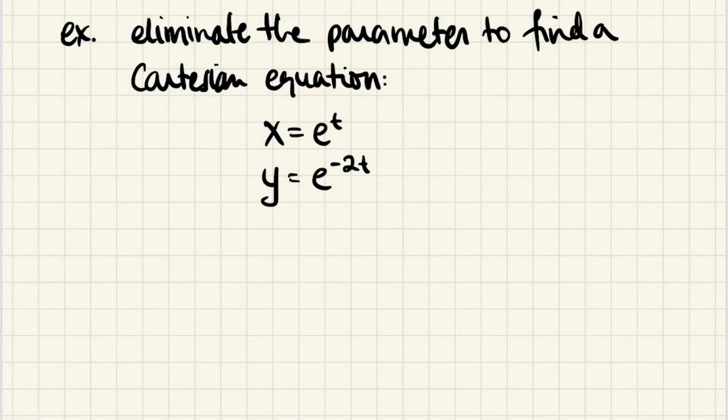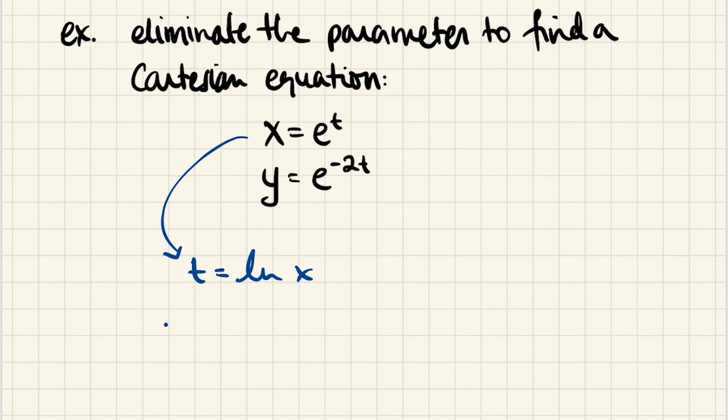All right, for our remaining examples, we're just going to simply practice eliminating the parameter to find a Cartesian equation. So here we have this particular set, and let's go in and do this. So of course, one thing you can do always is literally solve for t in one of the equations and then substitute into the other. So like we could solve for t here, and we get that t is equal to ln of x.